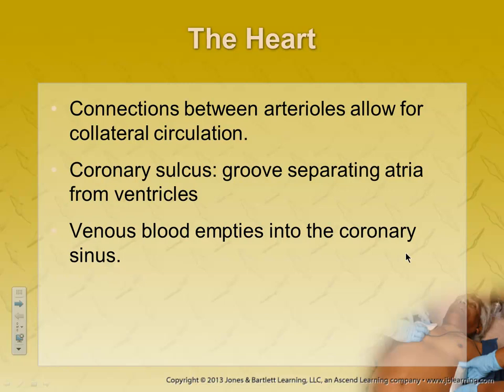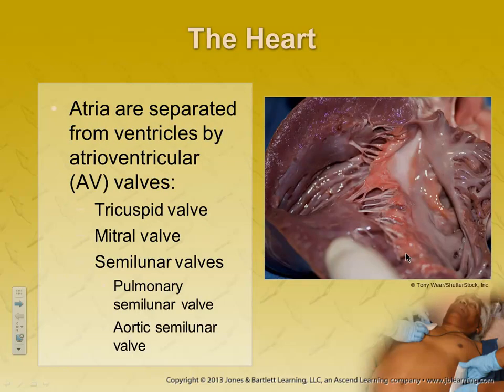It's kind of hard to see here. Then your venous blood empties into the coronary sinus, which will bring it back into the right atrium. The AV valves, your cuspid valves, your tricuspid and your mitral valve, which I know we just talked about, so I'm not going to spend a lot of time on it.